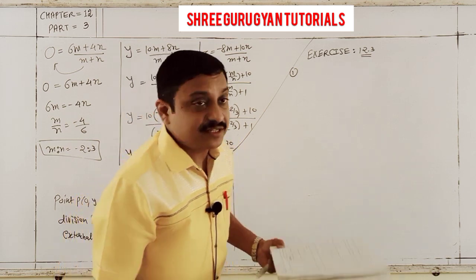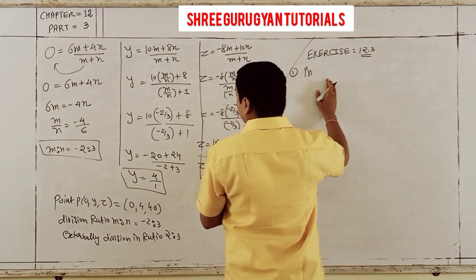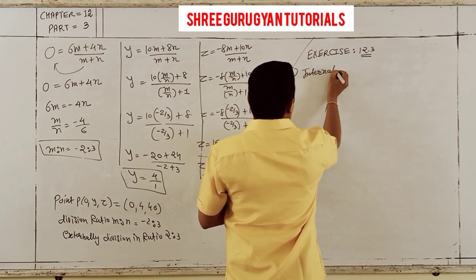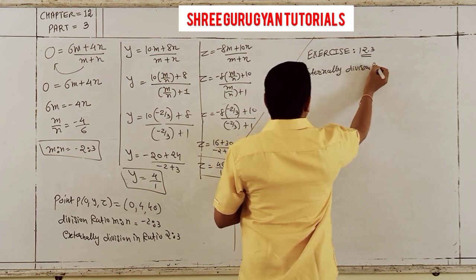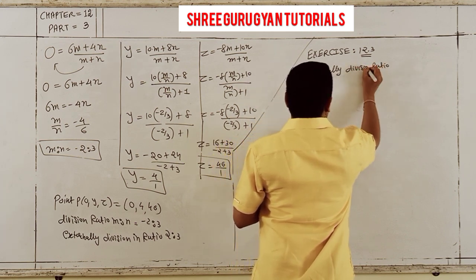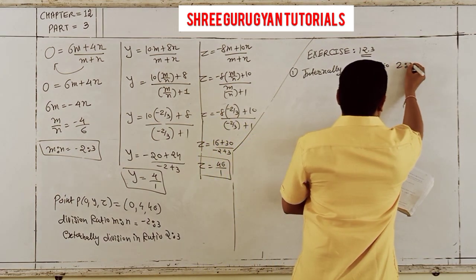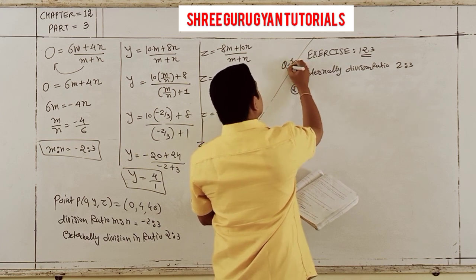For internal division, the ratio given is 2 ratio 3. And second is asking externally. Question number 1, there are these two questions.